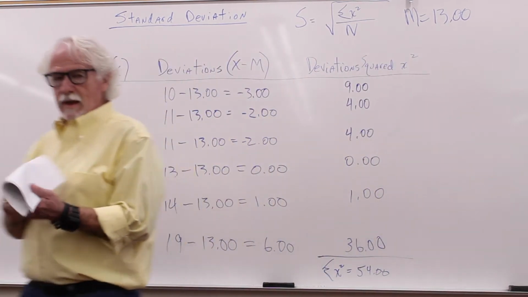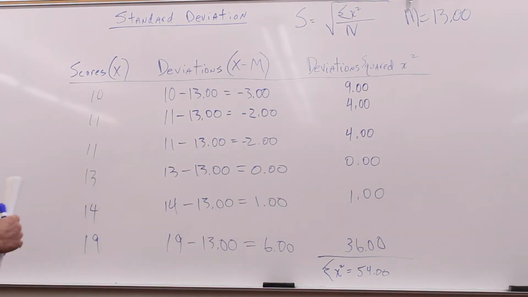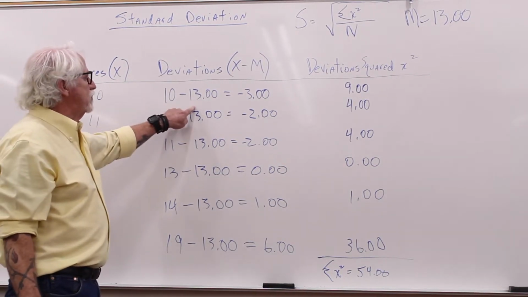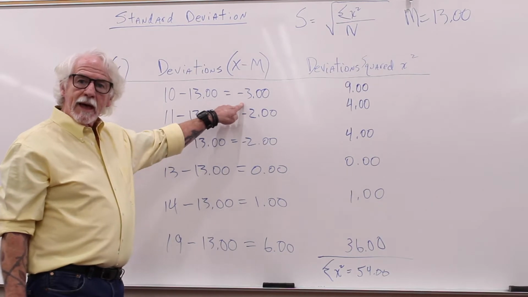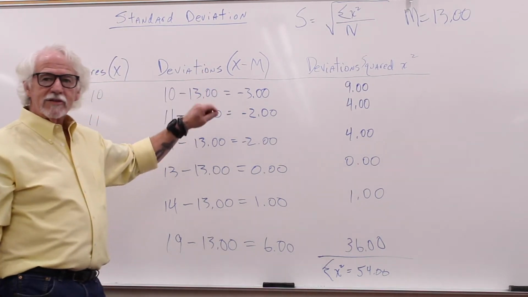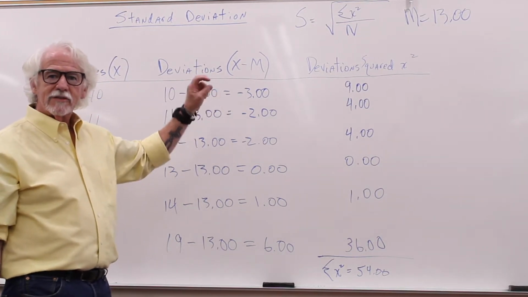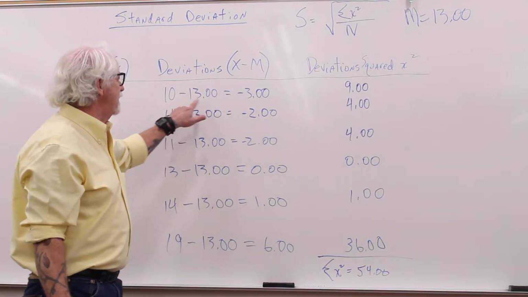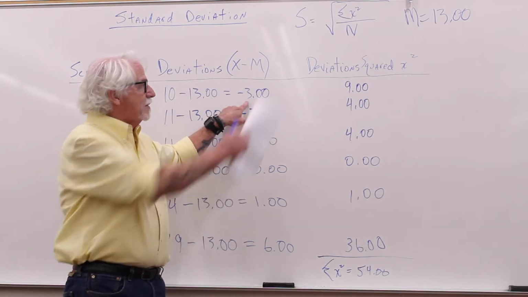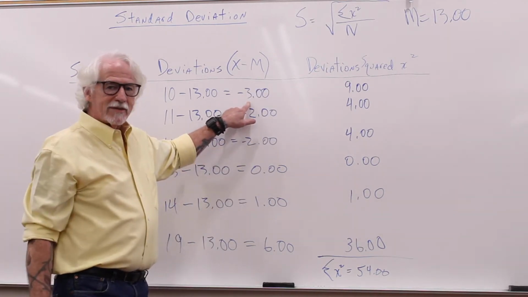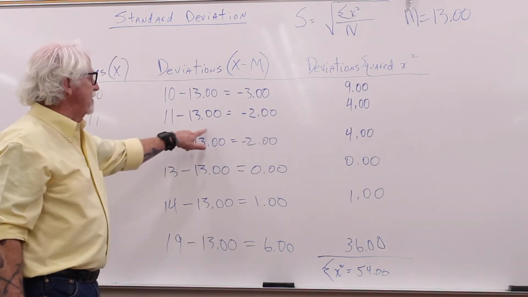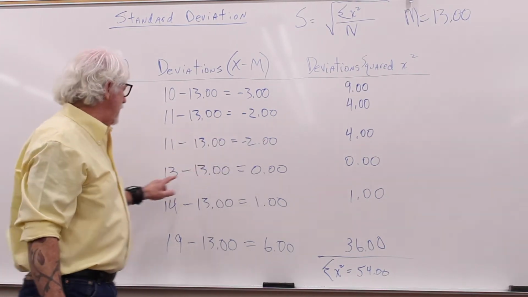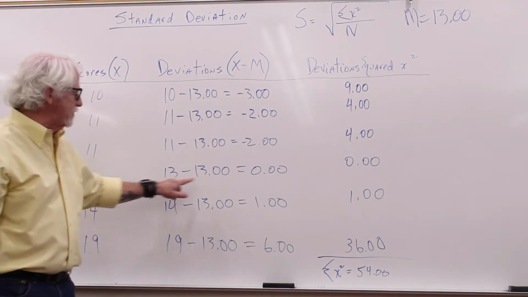So what we do for this particular formula is we take the score and subtract the mean, and that's the deviation, the difference between the score and the mean. So 10 minus 13.00 is negative 3.00. 11 minus 13.00, negative 2. This is all we do: we take whatever the raw score was and subtract the mean.